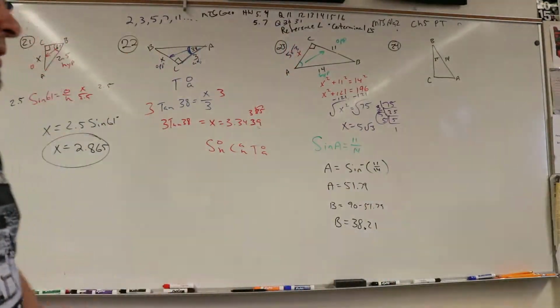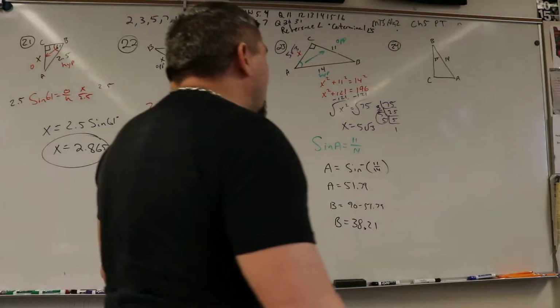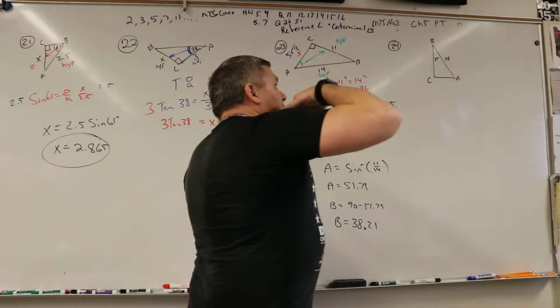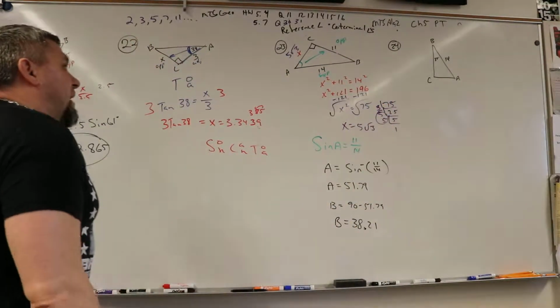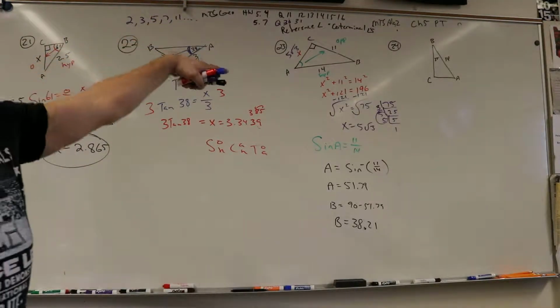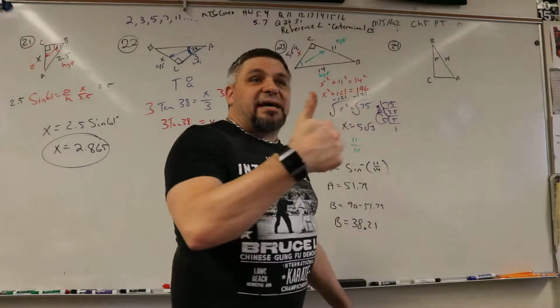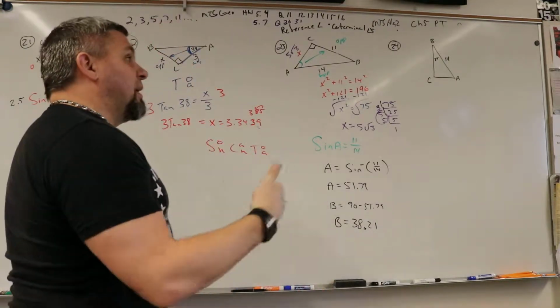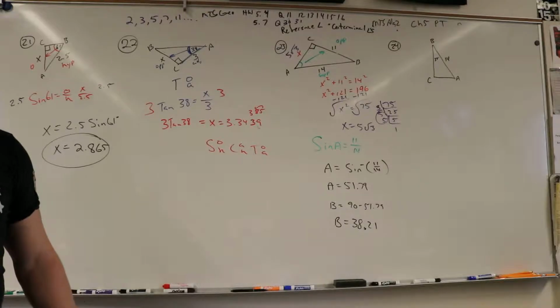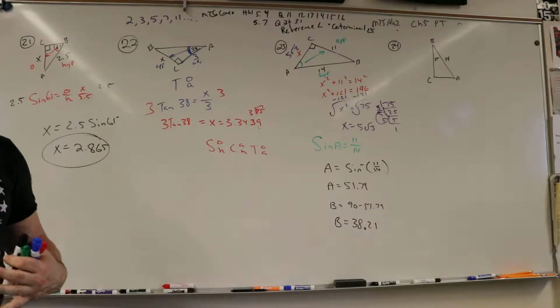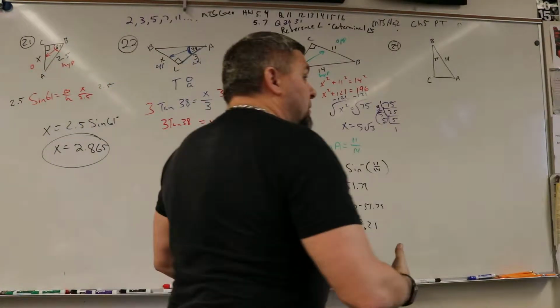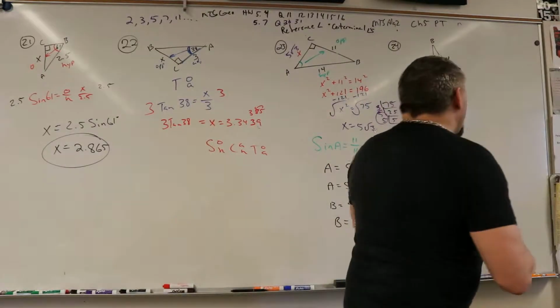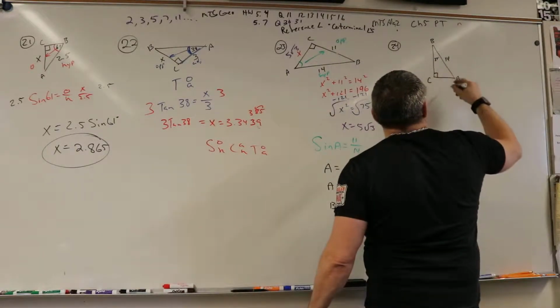Okay. The last problem. Same thing, except they didn't give us two sides. They only gave us one side. So we're going to have to find at least one of the sides by using the tangents. Right? So let's think about that. First of all, we know this is the right angle.